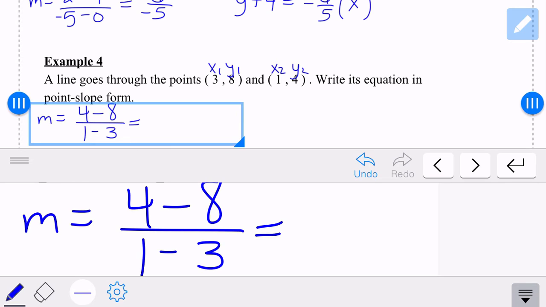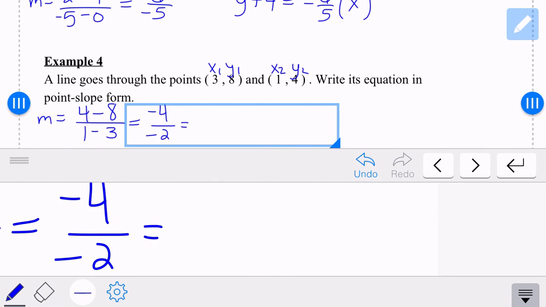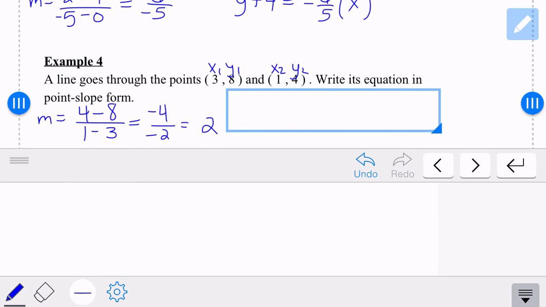On the top then, 4 minus 8 is going to give us -4. Bottom, 1 minus 3 will be -2. And then we just want to simplify this. -4 over -2. Well, 4 over 2 is 2, and then negative divided by negative is a positive. So it's +2.